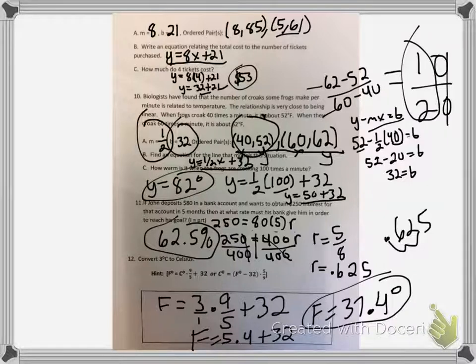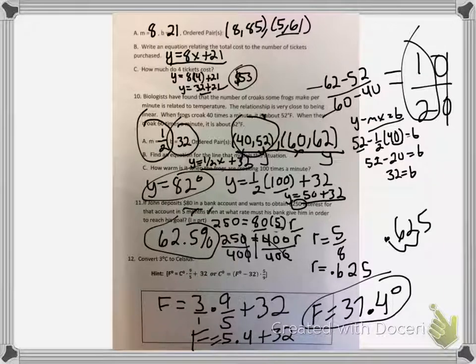If John deposits $80 in a bank account and wants to obtain $250 interest for that account in 5 months, then what rate must his bank give him in order to reach his goal? Alright, so I know that my interest is $250, so I'll plug it in for I. I know that 80 is how much I deposit, so that's P. I don't know my rate, but I know I'm looking for 5 months, so that's my time.